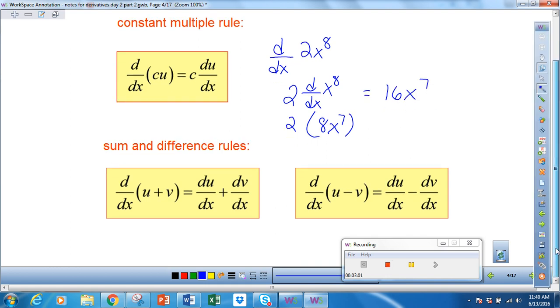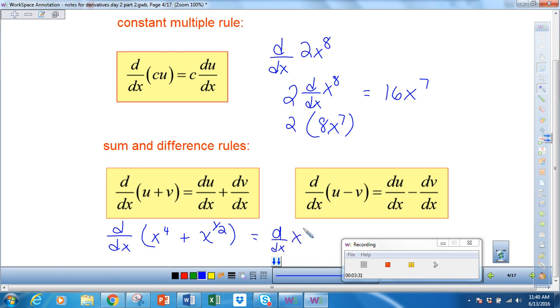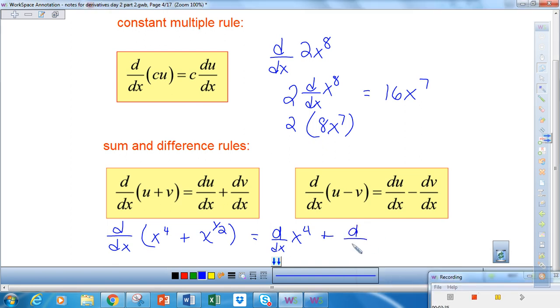The sum and difference rule just says that if we take the derivative of two functions being added together, we can take each derivative separately and add them together. And the same thing with subtraction. So the derivative of x to the 4th plus x to the 1/2 would be the same as saying the derivative of x to the 4th plus the derivative of x to the 1/2.